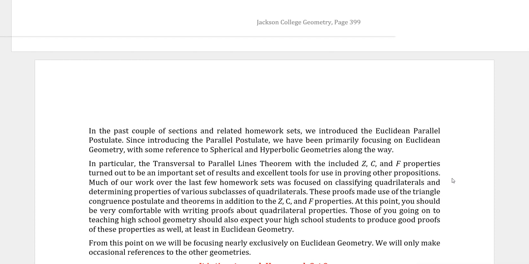So, good news or bad news, I'm not sure, but for the rest of the semester, we're going to be focusing on Euclidean geometry almost completely, 100% exclusively, maybe just a few side mentions of the others. But hopefully this geometry lecture gives you a good summary of a lot of the things that we've seen about the different geometries and how they compare side by side.